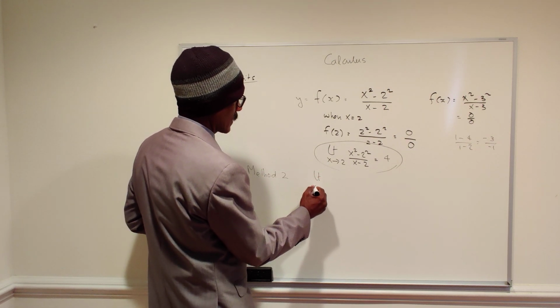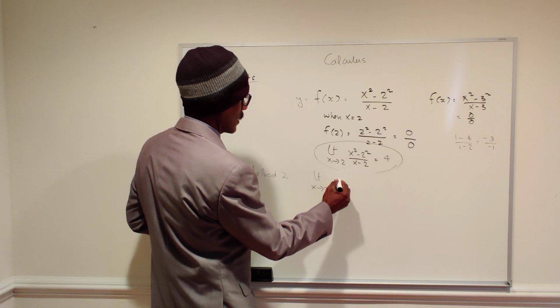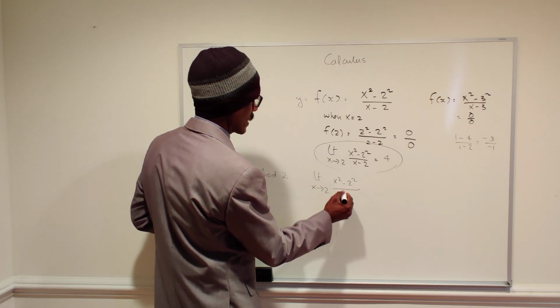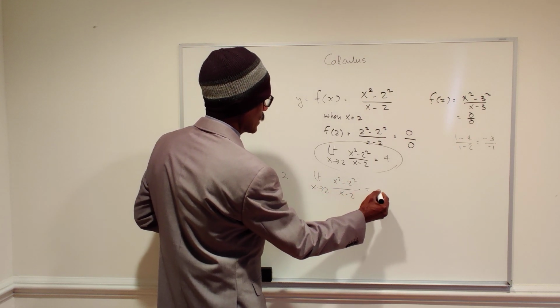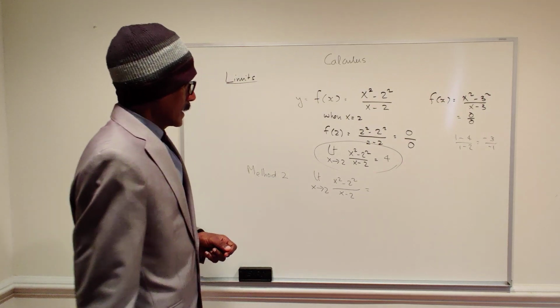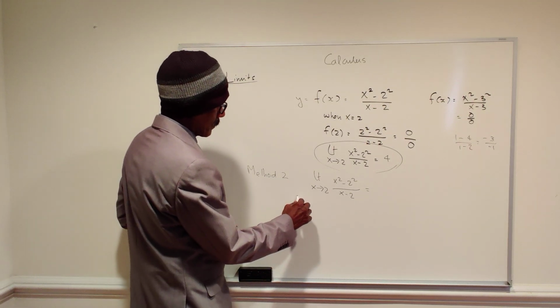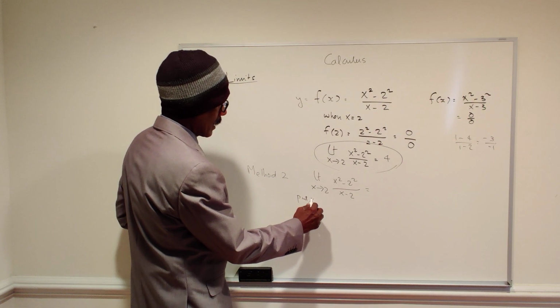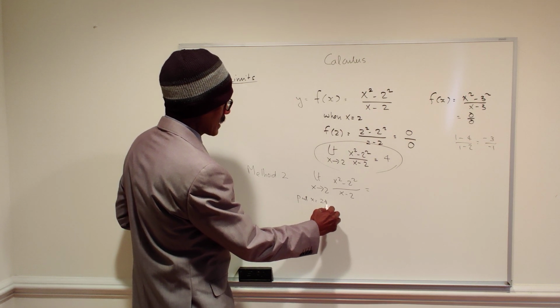limit x tends to 2, x square minus 2 square by x minus 2 is equal to, okay, see, this is the method. Put x is equal to 2 plus h.